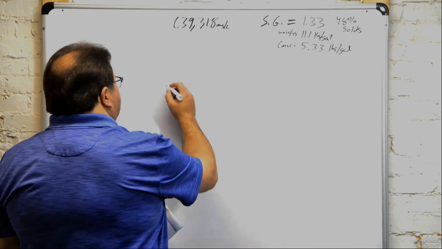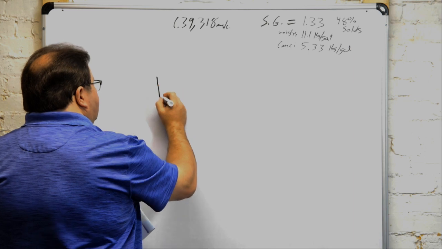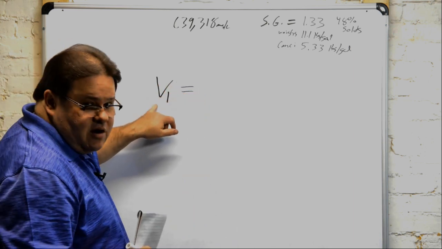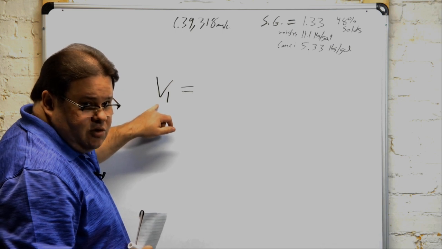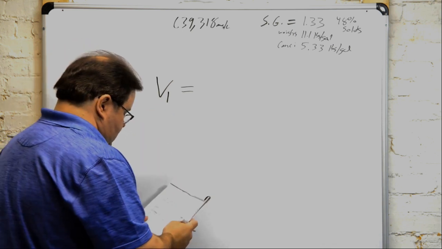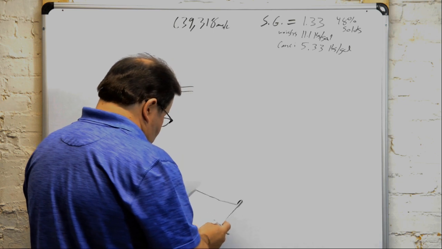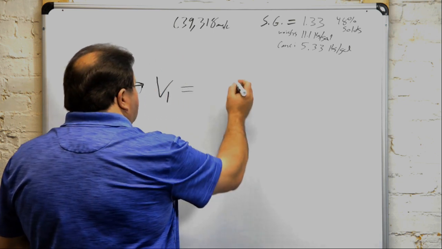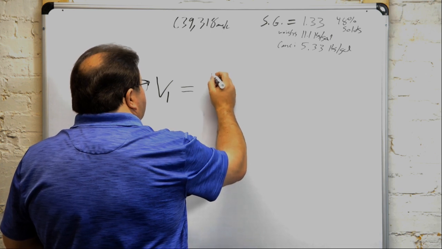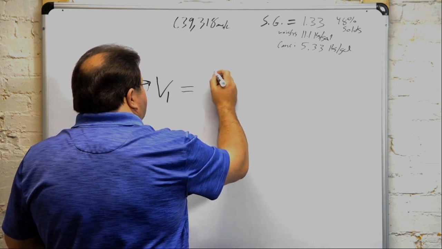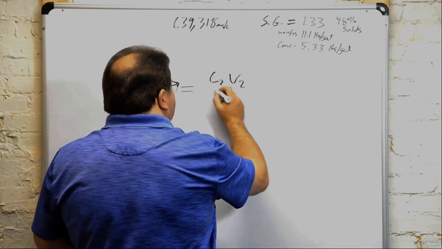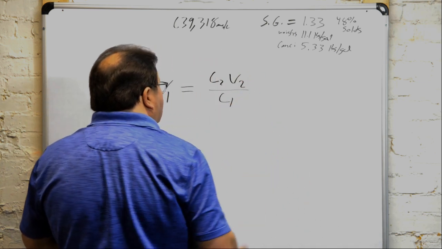So our volume here, we're going to call this V1. This is going to be how much of our bulk solution we're going to need to add to 1 liter, and it is going to equal C2 V2 over C1.